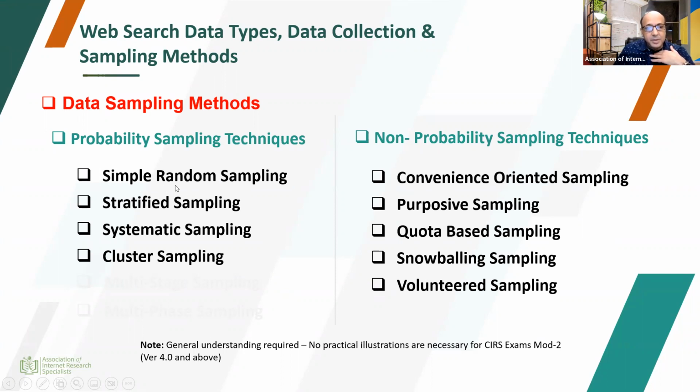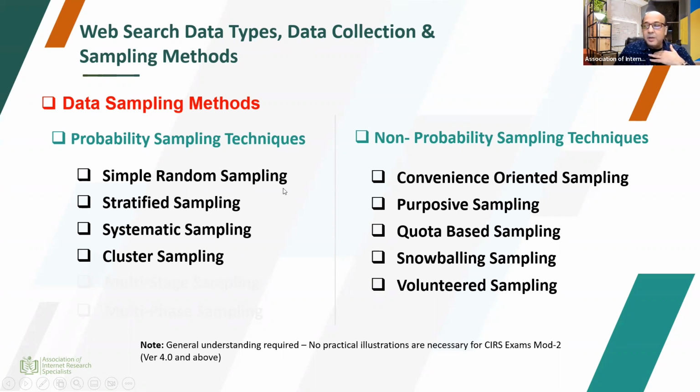This is probability sampling: simple random sampling, stratified sampling, systematic sampling, cluster sampling. And by the way, these are just some of them, and there could be a few other techniques not mentioned here, because they are subsets of, ancillary to, or subheadings of these main headings.